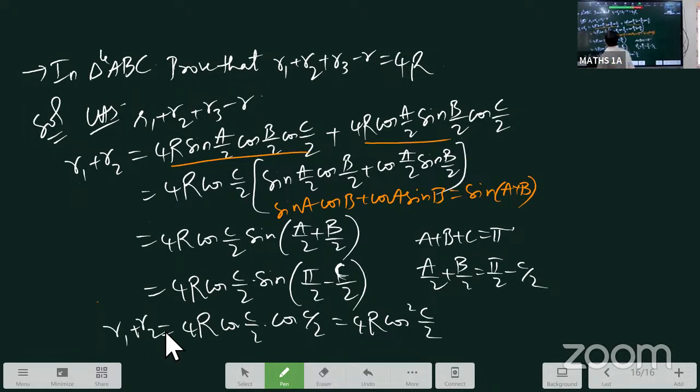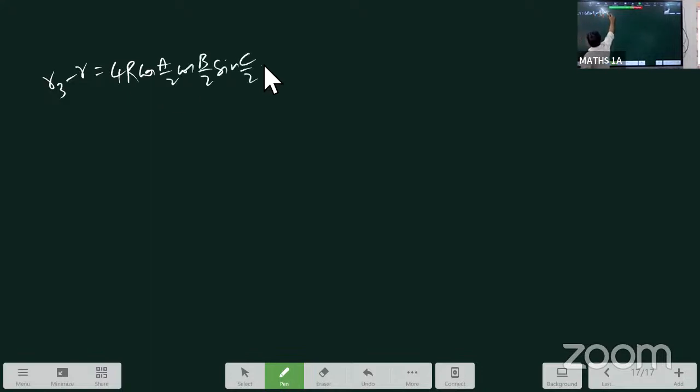Next part, R3 minus R. Same approach. R3 minus R. That is 4R cos A by 2 cos B by 2 sin C by 2 minus 4R sin A by 2 sin B by 2 sin C by 2.